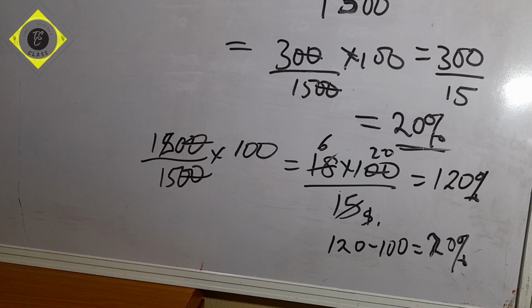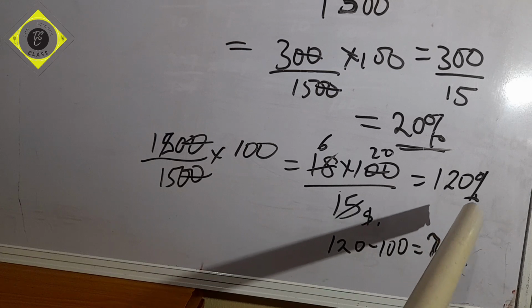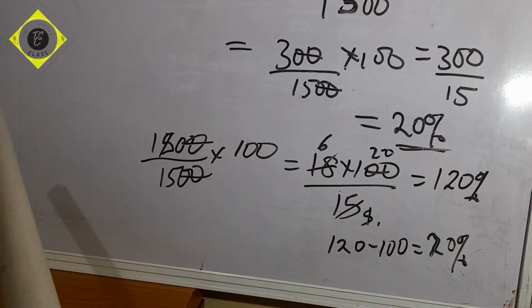When you hear 100% of something, if I bought a car for $1,500 and I sold it at the same price of $1,500, then this will have just been 100%. 100% of a number is the actual amount of that number.